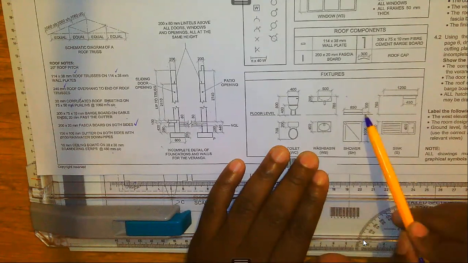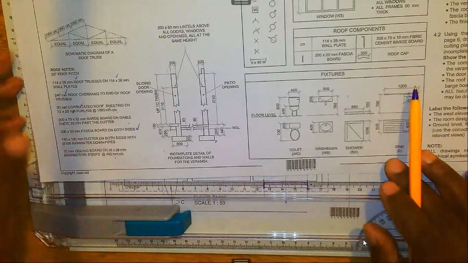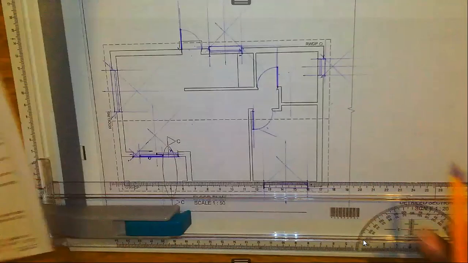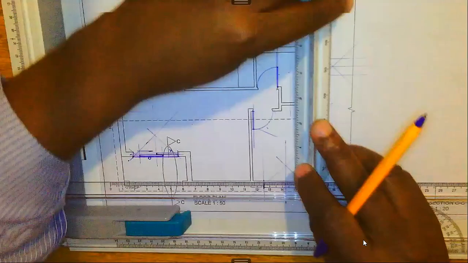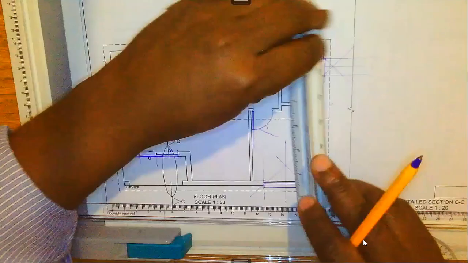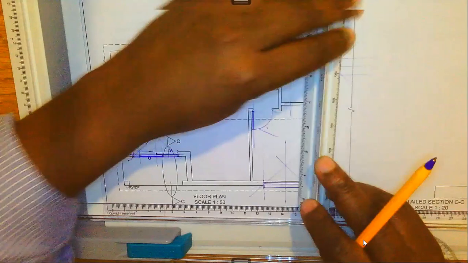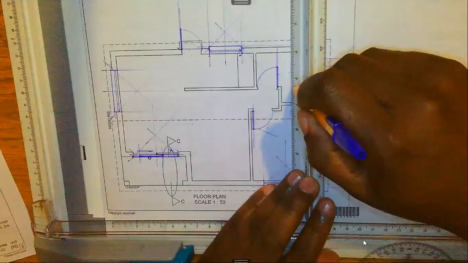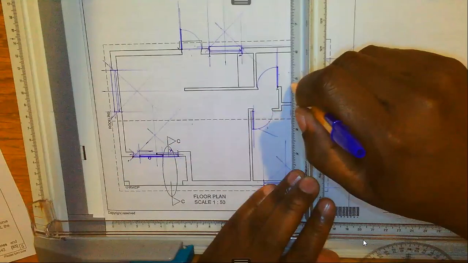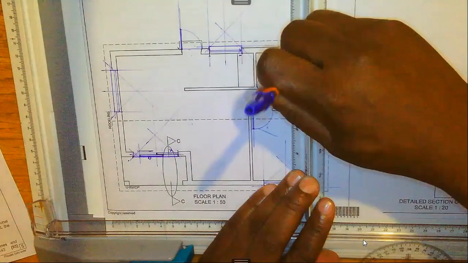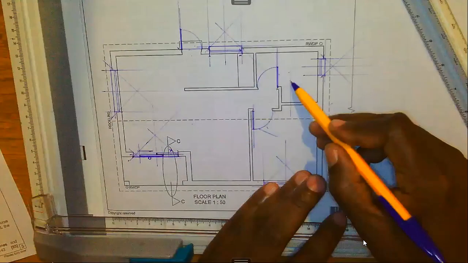I can use a scale rule for that. Just check if you are using the correct scale rule. That's 500, 600, 700, 800, 850. Remember what I said, the smaller part would give you the 50.